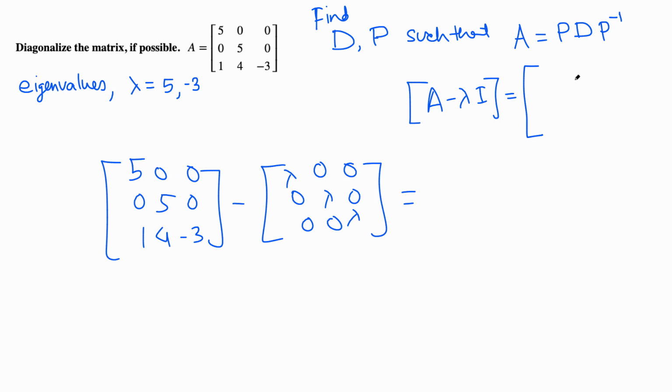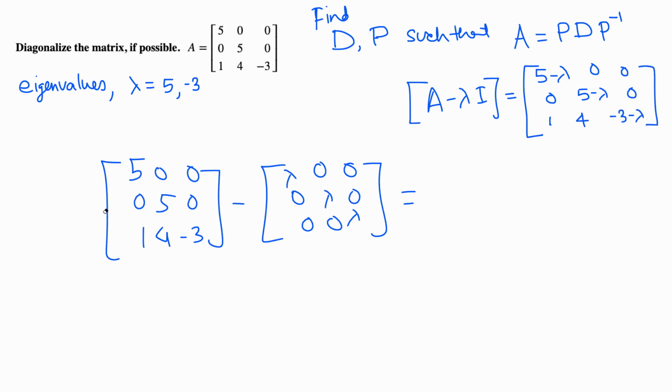So A minus lambda I, we just subtract the corresponding components: 5 minus lambda, 0 minus 0 is 0, 0; 0, 5 minus lambda, 0; 1 minus 0 is 1, 4 minus 0 is 4, negative 3 minus lambda.